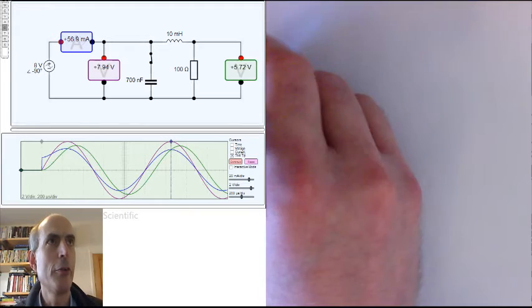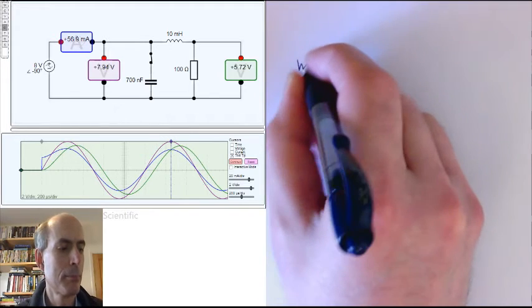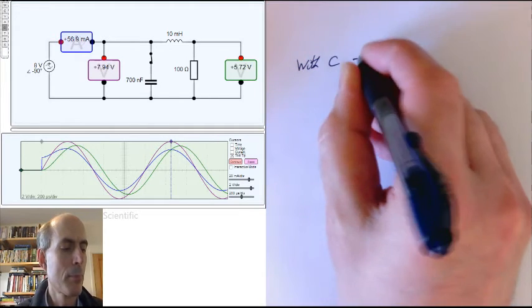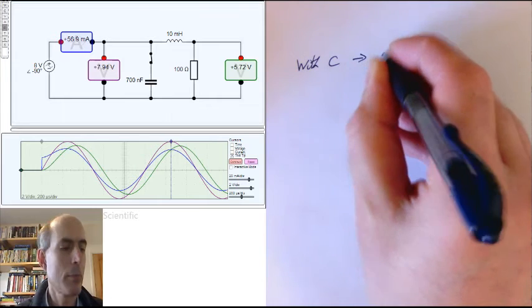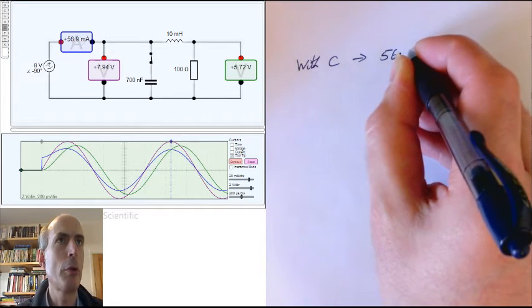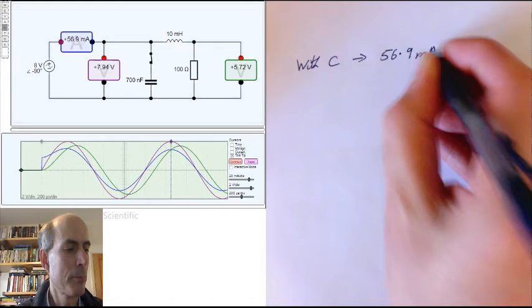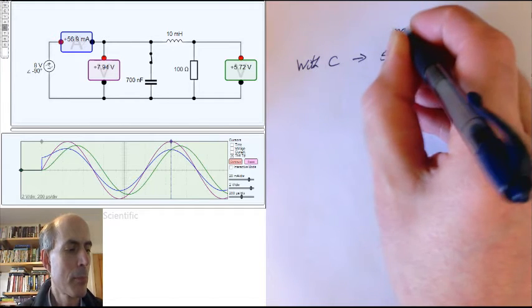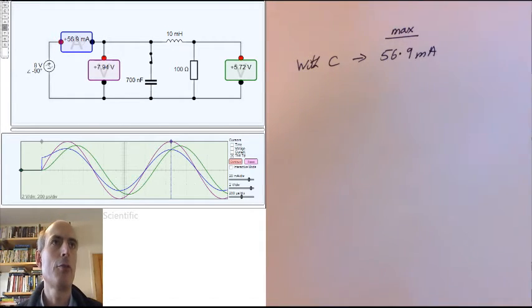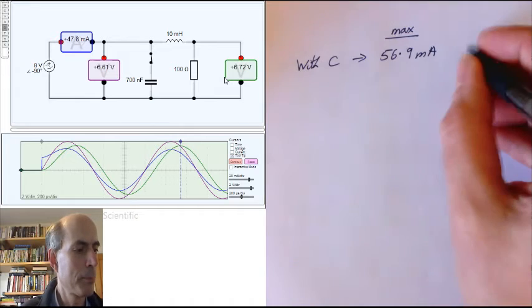With the capacitor in the circuit, the maximum current, about 56.9 milliamps. And the maximum voltage across our load occurs about there. It's about 6.72 volts.